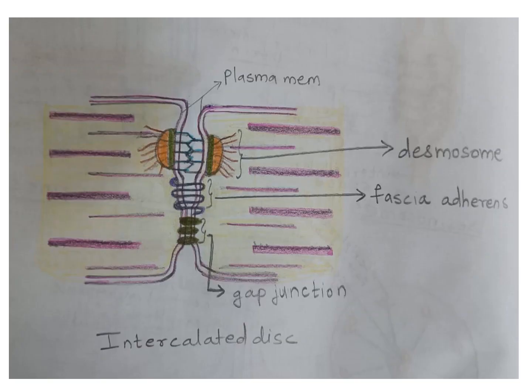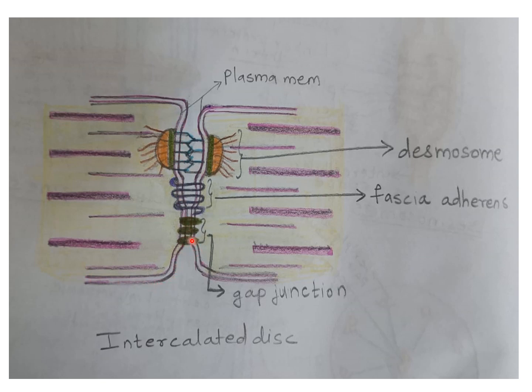The diagram depicts one cardiomyocyte and the other cardiomyocyte, and this is the intercellular space between the two cardiomyocytes. The plasma membrane of the cardiomyocyte can be seen in this diagram.